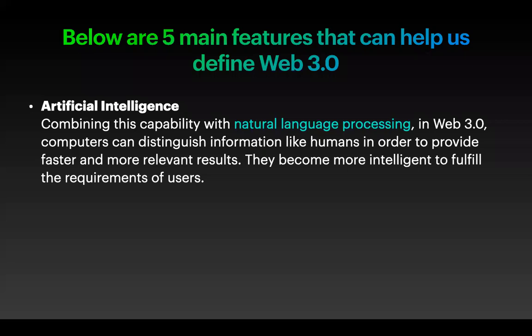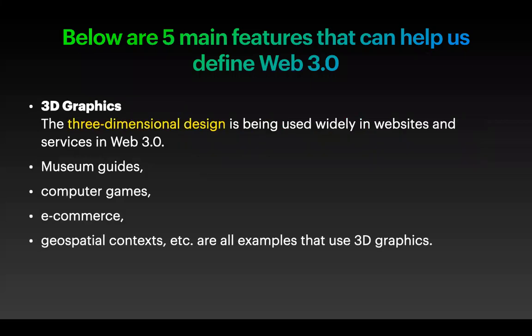If you say reasoning is there, there has to be artificial intelligence. So it is a combination of the semantic web, artificial intelligence, and 3D graphics. As we know, in Web 3.0 there is a major role for 3D graphics. With the help of Web 3.0, what we are planning is, as far as possible, to give a practical live experience.